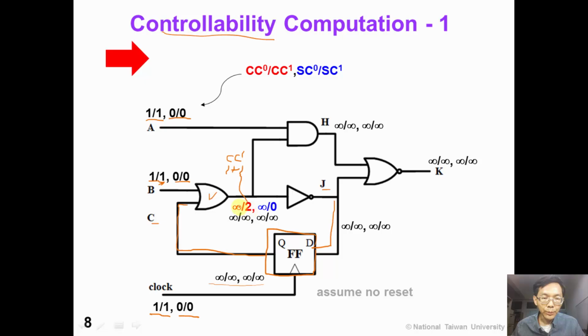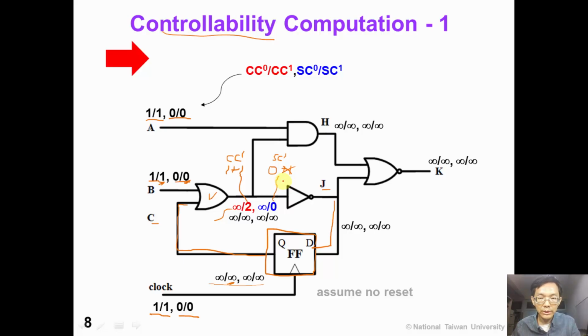So we have 2. But CC0 of the output of the OR gate is still infinity because the flip-flop output Q is infinity. Similarly, SC1 of the output is 0 because the gate input SC1 is 0. Please note that we don't need to plus 1 for sequential controllability.